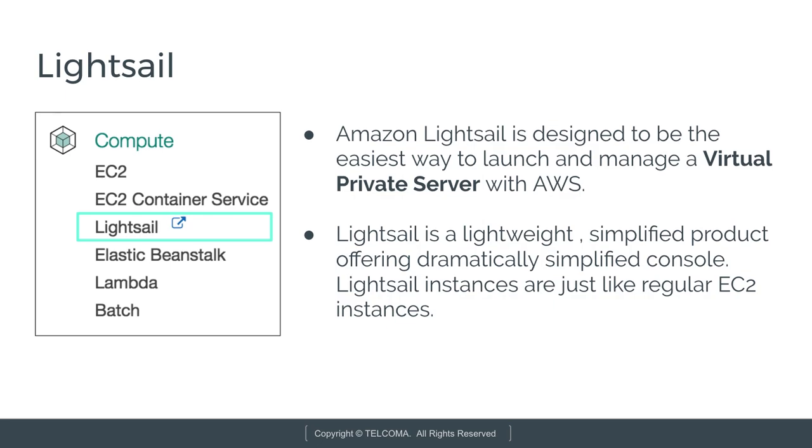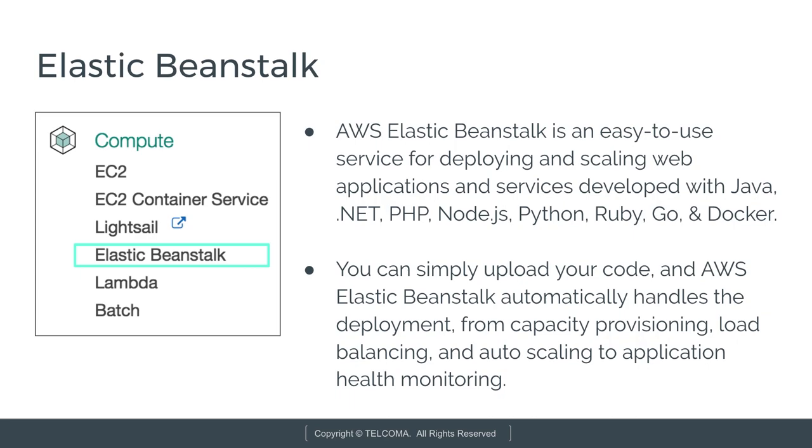Next, in compute, we have Elastic Beanstalk. Now let's discuss Beanstalk. This is an easy-to-use service so that we can deploy and scale web applications. It is available for services developed in Java, .NET, PHP, Node.js, Python, Ruby, Go, and Docker.